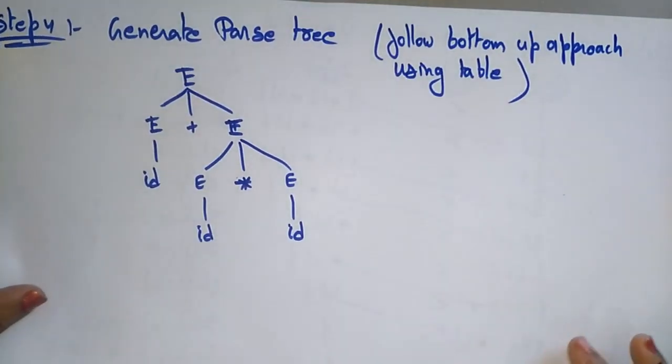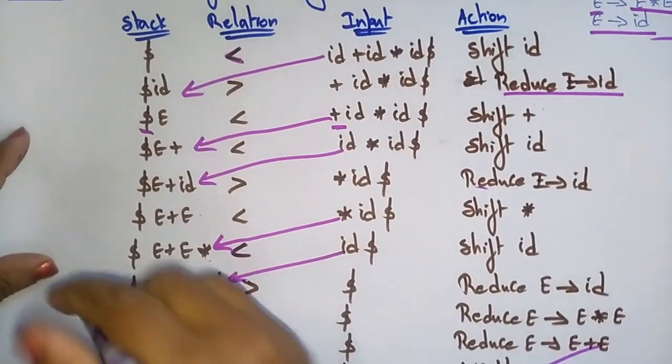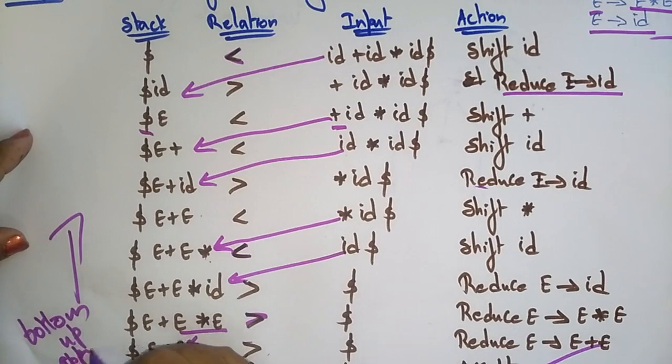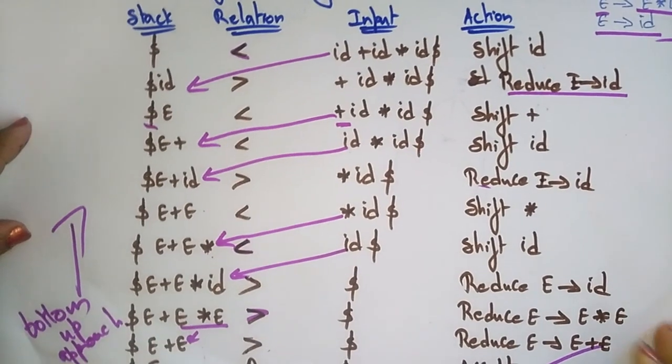That's the third step over. And the final step for the operator precedence parser is you need to generate a parse tree based on the stack. By seeing the stack table, you have to follow the bottom-up approach to construct the parse tree.